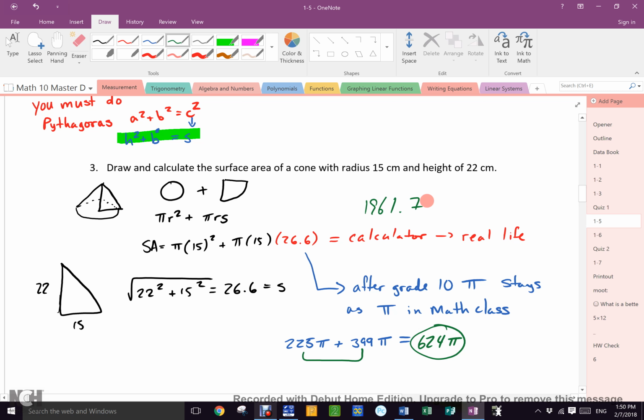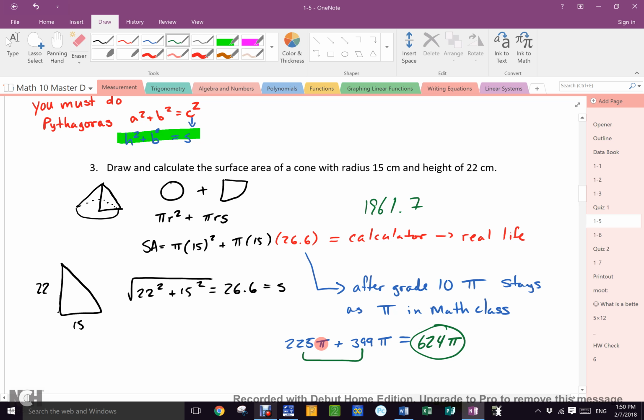But I want to introduce you to the fact that as you go further in math class, you use pi less and less to the point where you never use pi as a number. You just leave it as the letter. Everybody cool? I don't care what you do, either one. I personally like to leave it as pi because it's tidier.